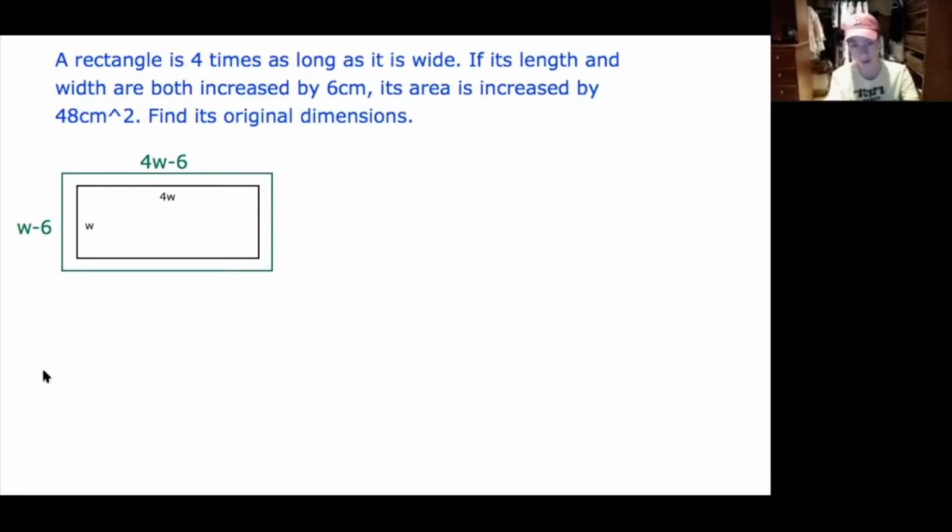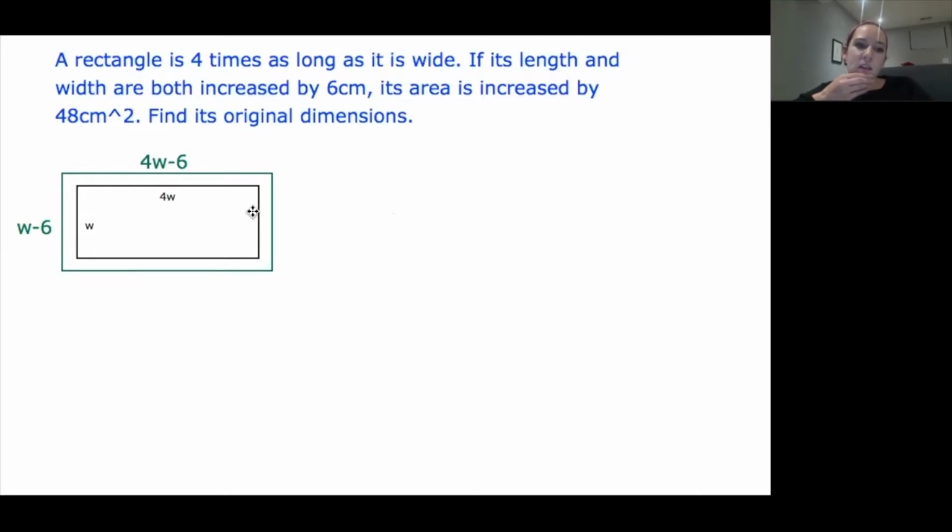So it'd be 4W times W equals 48 centimeters squared. So I think that one just equals area. I don't think we know yet what the actual area is.